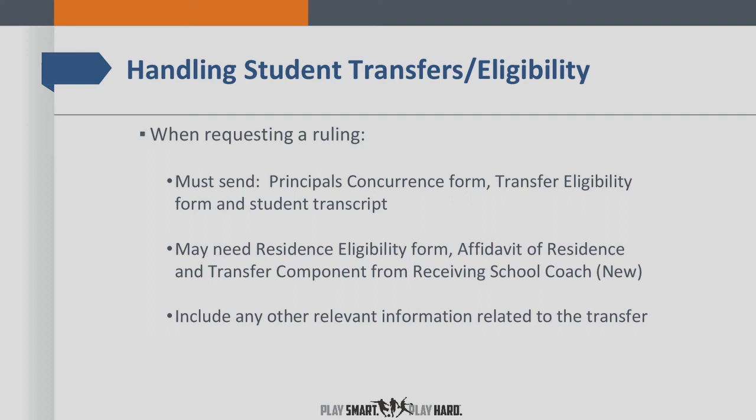Depending upon the circumstances surrounding the student's transfer to your school, we may also need the residence eligibility form. So if there's any question about the residence or there's been a unique change in the residence of the student within your boundaries, or within the area of which the student is attending, maybe a private school, it may require the residence eligibility form. We may also require the affidavit of residence to be completed, along with a new form called the transfer component from the receiving school coach.